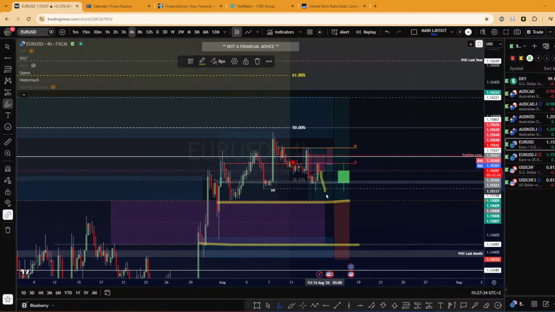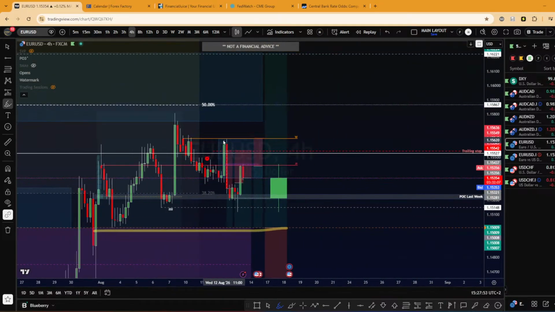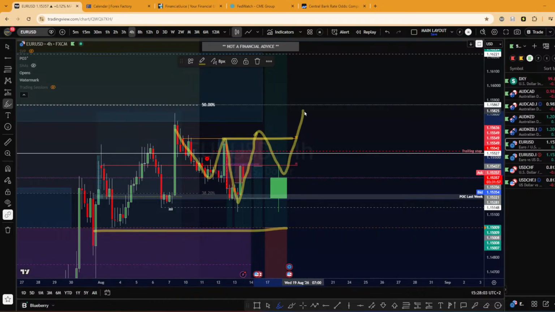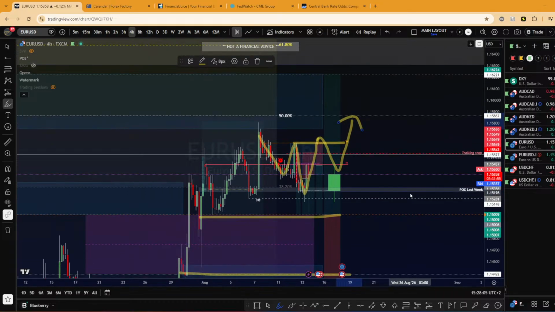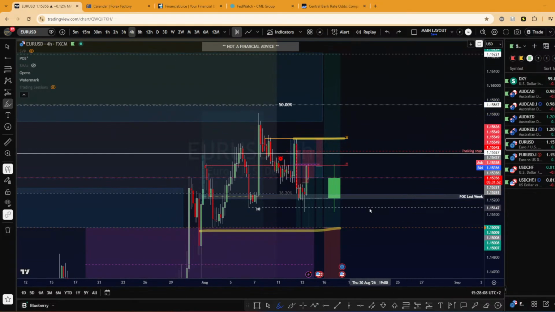I want price to reach this imbalance first, with some sort of change of structure in lower time frame somewhere here, and then I will be happy to buy again. But we could potentially also have a direct shift of structure. For example, here this is the structure, and if I decide to break and close above this high, I think price will reverse and continue to the upside. Okay.